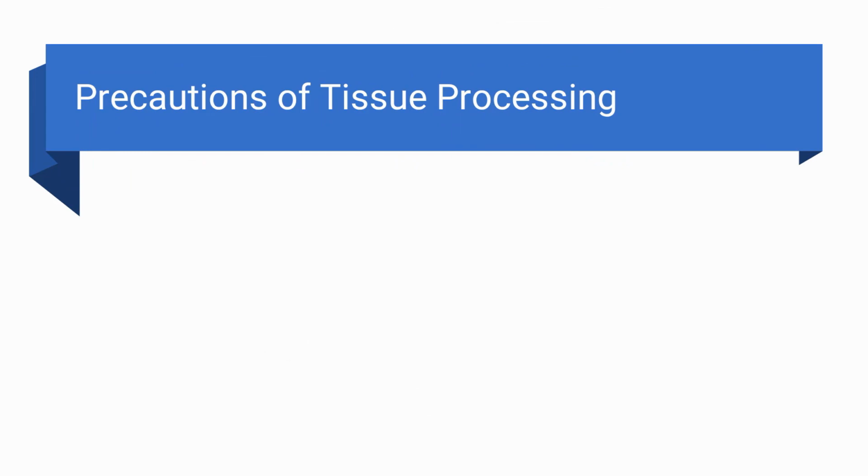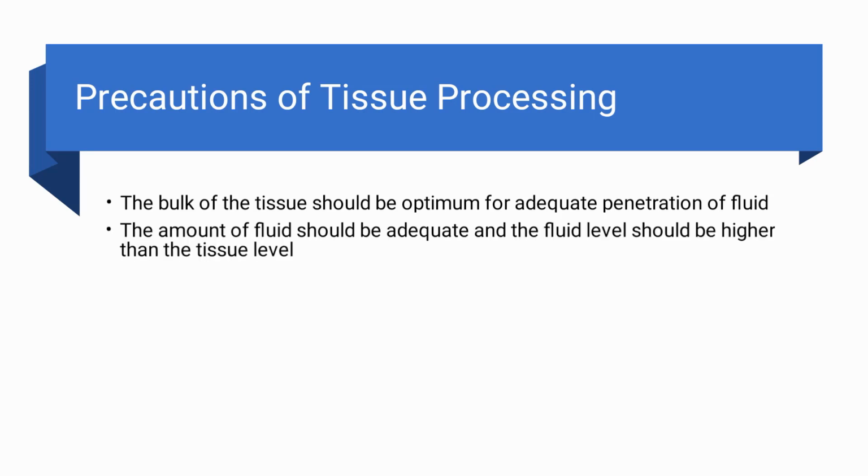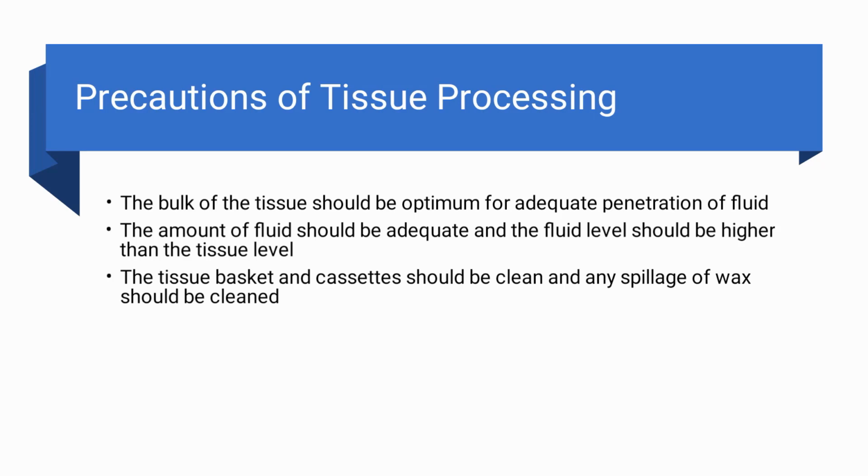What are the precautions which should be taken during the processing of tissue? The amount of tissue should be suitable for adequate penetration of the fluid, and the amount of fluid should be adequate, with the fluid level higher than the level of the tissues immersed in it. The basket and cassette should be clean, and the basket should not have any spillage of wax.